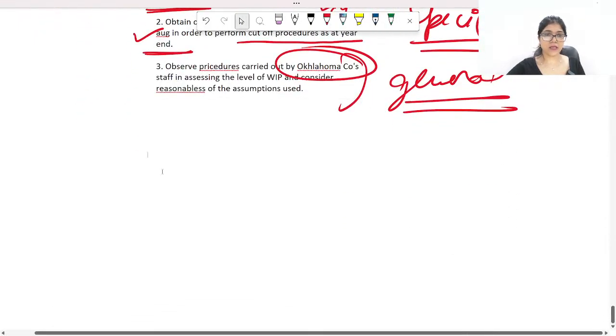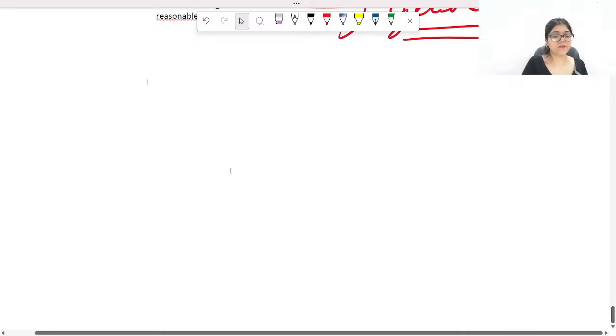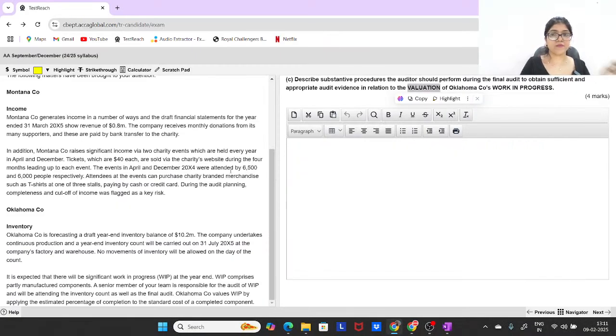Let's discuss. Guys, firstly, let me know what substantive procedures you can think of for this one. Quickly let me know what are the substantive procedures that you can think of for work in progress, which is case specific. I want case specific ones.